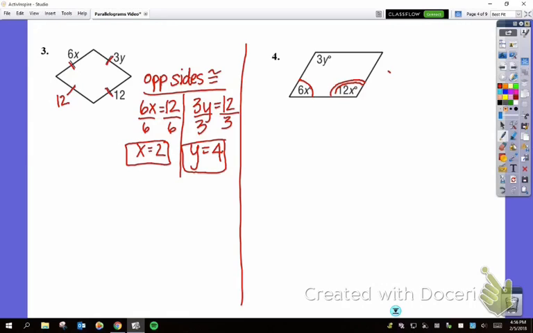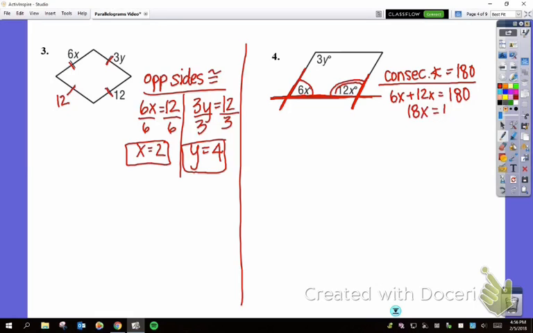So we know that consecutive angles equal 180. Now remember, this is a parallel line, this is a parallel line, and this is our transversal. Those would be same side interior angles, which means they add up to equal 180. So we're going to say 6x plus 12x equals 180. 6 plus 12 is 18x, still equals 180, and then we can divide by 18 to get x equals 10.